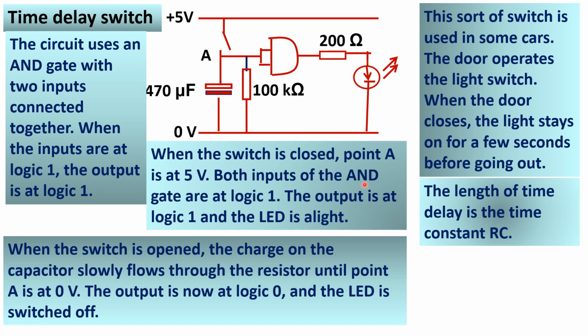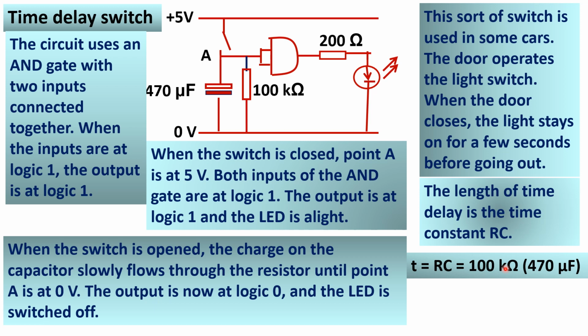So when you multiply 470 microfarad by 100 kilo ohm, there is a need to convert the units to the SI system, meaning 100 kilo ohm has to be in ohm.